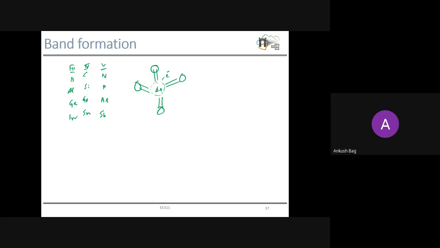This is arsenic, which means it has 5 electrons in the outermost orbital. Out of these 5 electrons, 4 will make covalent bonds with the neighboring silicon atoms. Now this one additional electron will remain free, and this electron will contribute to the N-type behavior that you know already.